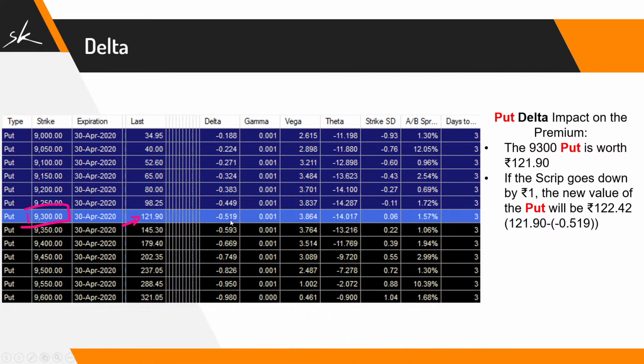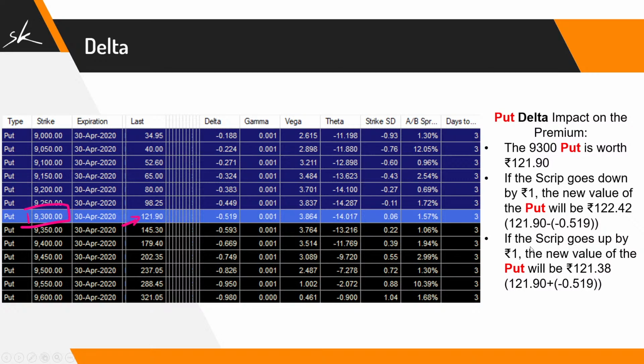Why minus? Because puts have negative delta. So what is going to happen? Minus minus will become plus. So the new value of that put will be 122.42. Because of that 1 rupee move, my option price did not increase by 1 rupee. It only increased by 51 paise because the participation was 51%.